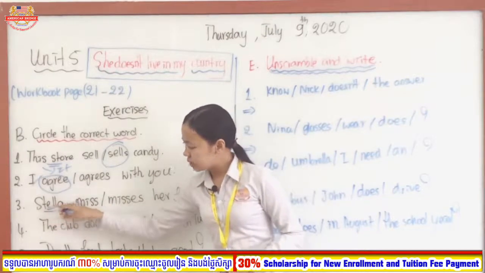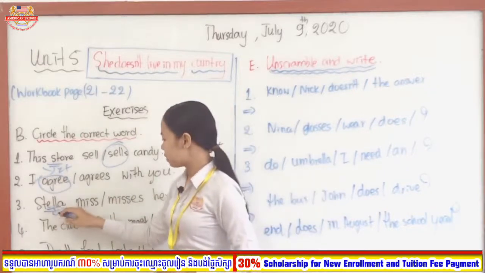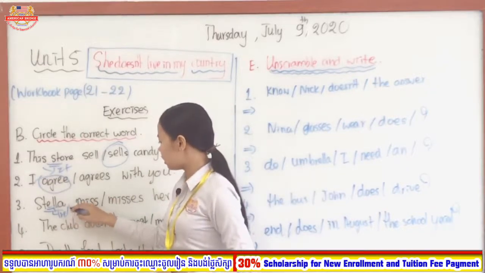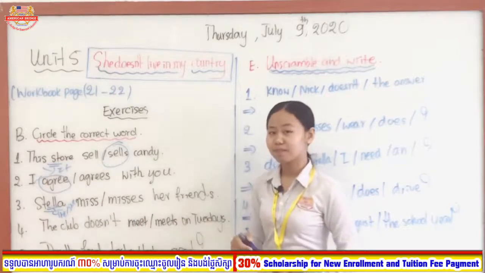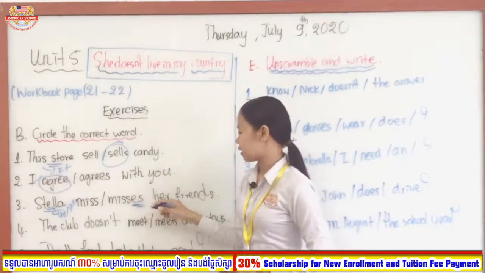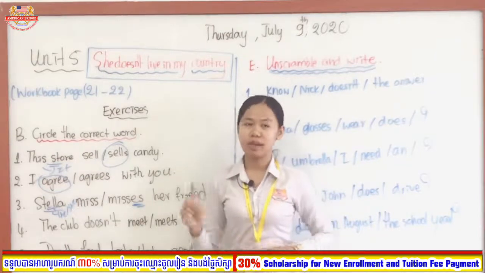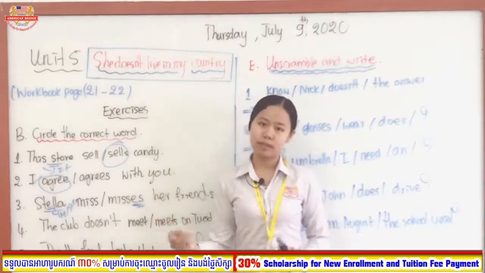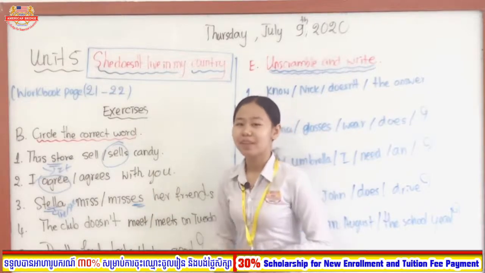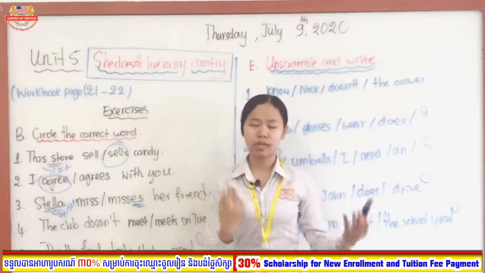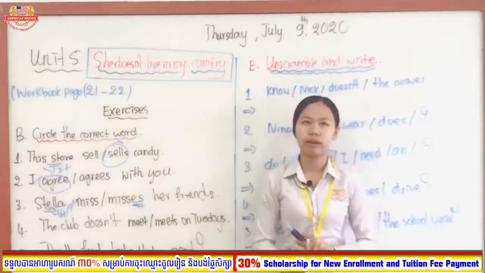How about number 3? Stella here is a name, so it can represent he or she, right? So he or she miss or misses with es? Very good, with es, her friends. Because Stella is a name, if for example they put 2 names, everyone, like Stella and Jenny, so 2 people already, it represents they.